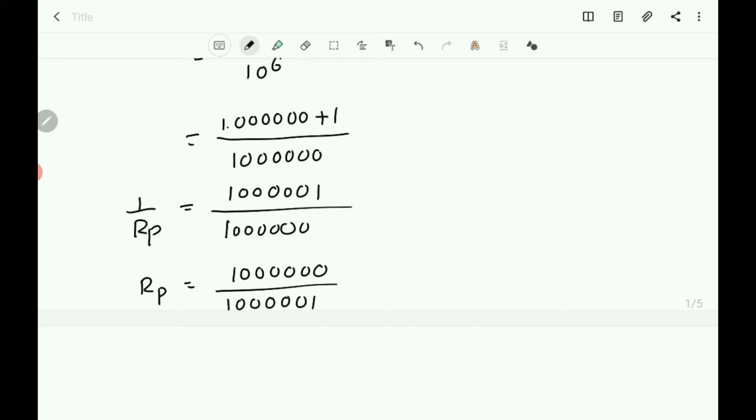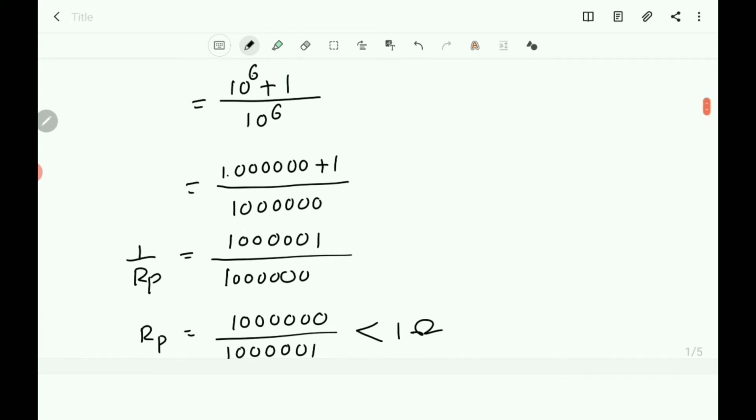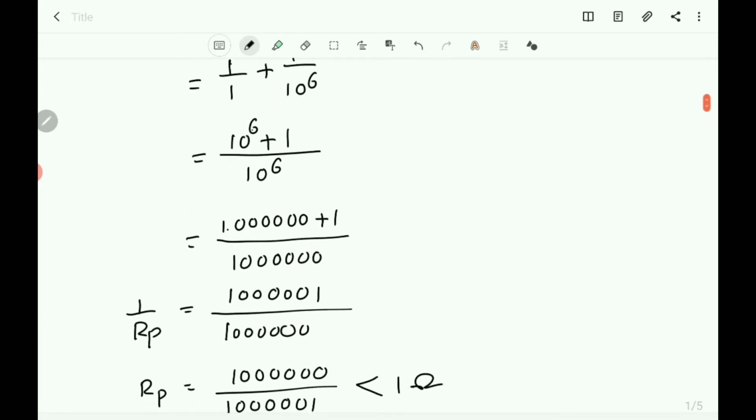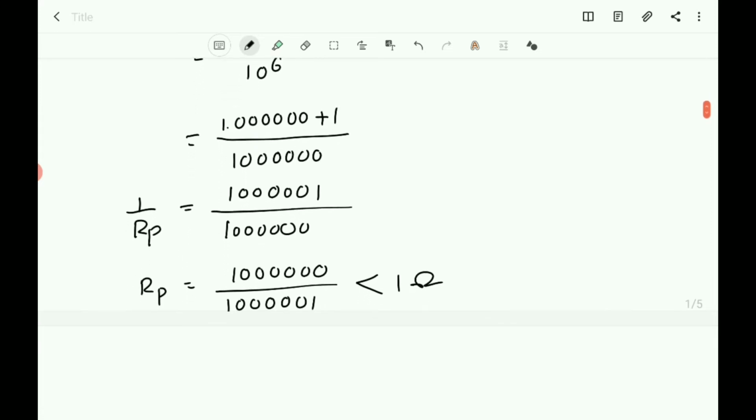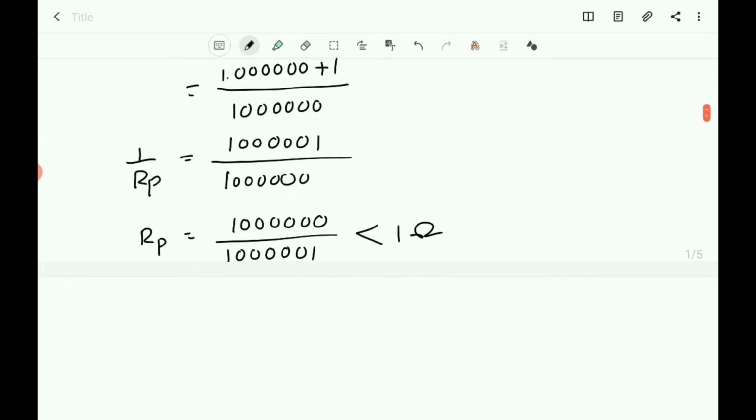You know that here the numerator is less than the denominator, so it is less than 1 ohm. The resistance in the first case is less than 1 ohm. So here you can judge that the equivalent resistance is less than 1 ohm in the first case, A.